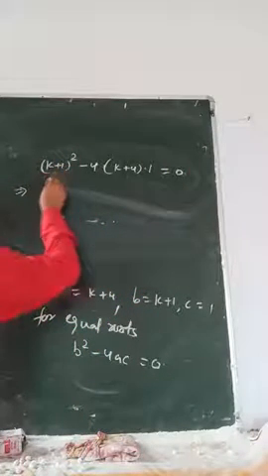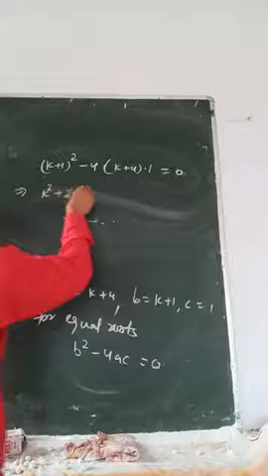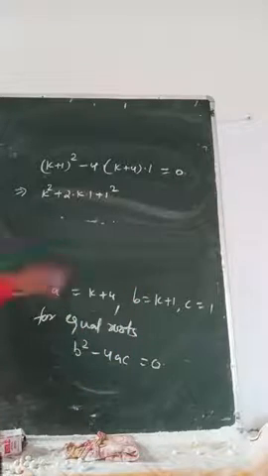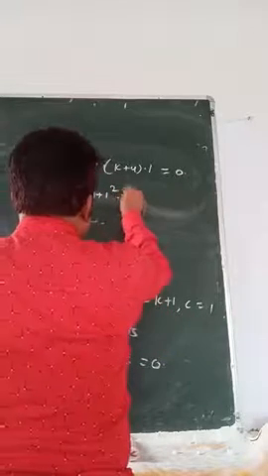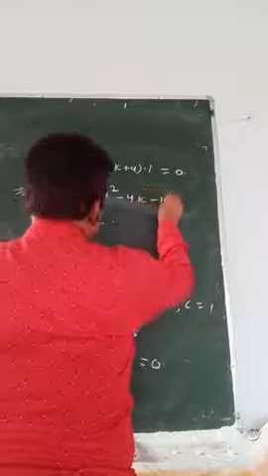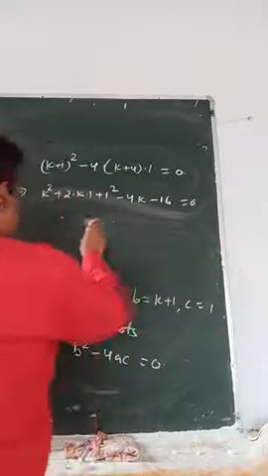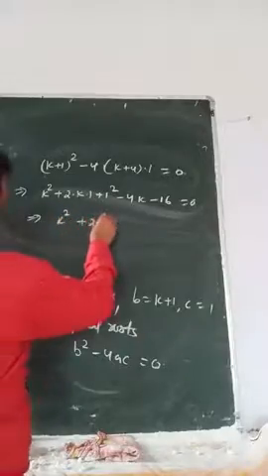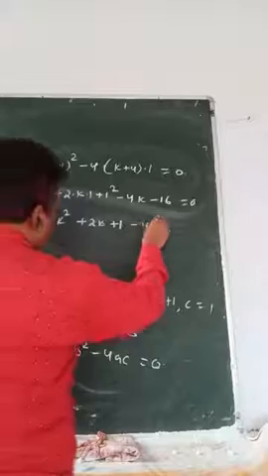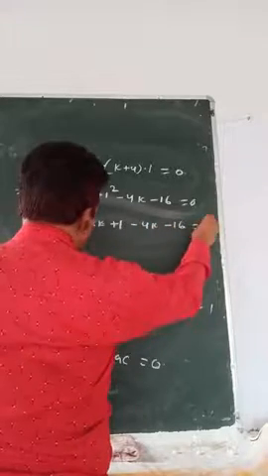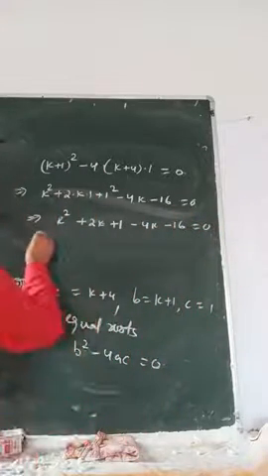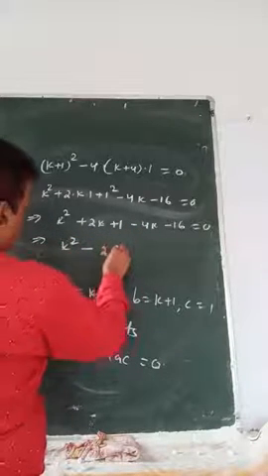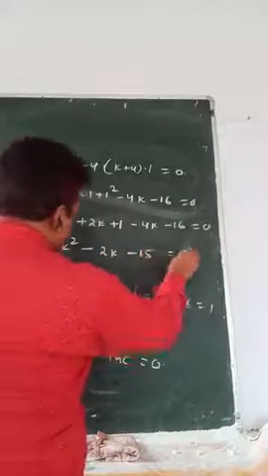A plus b whole square, a square, 2 into a into b plus b square. Okay, minus 4k minus 16 equals to 0. Implies k square plus 2k plus 1 minus 4k minus 16 equals to 0. Implies k square 2k minus 4k is minus 2k minus 15 equals to 0.